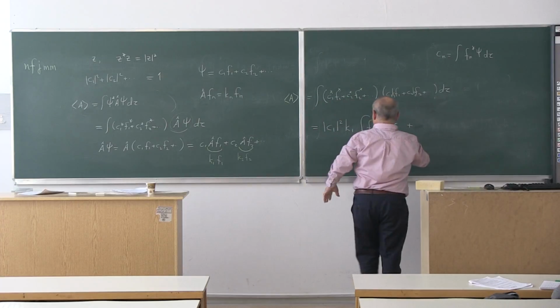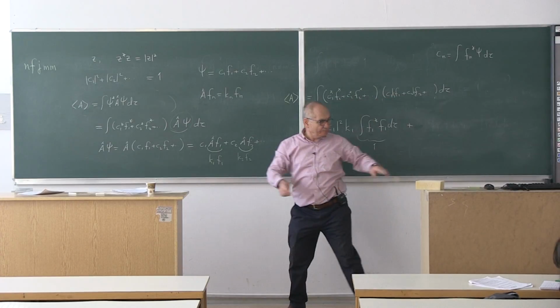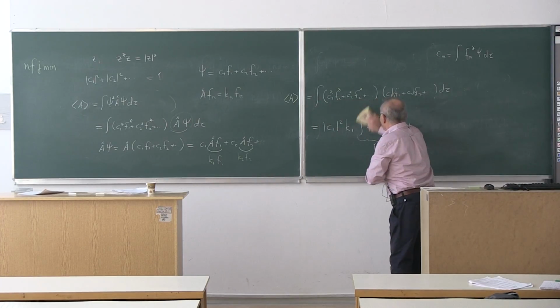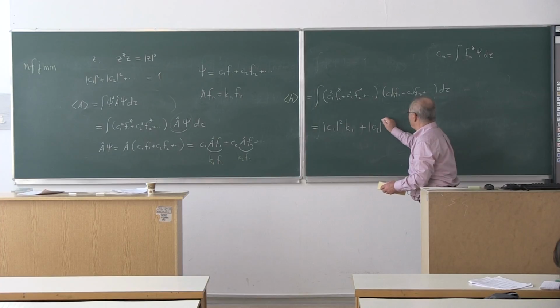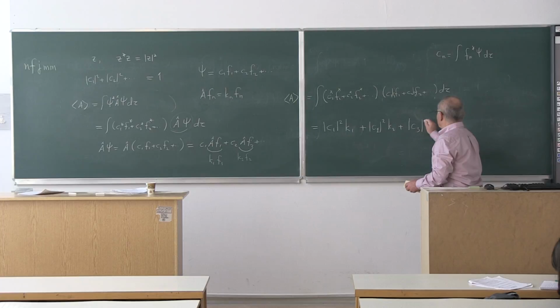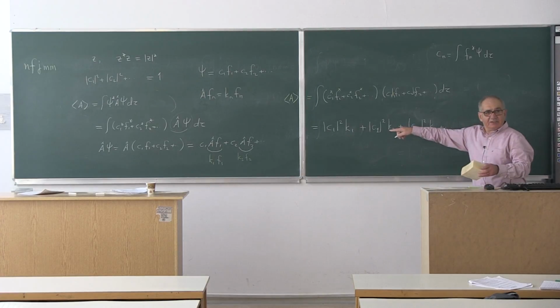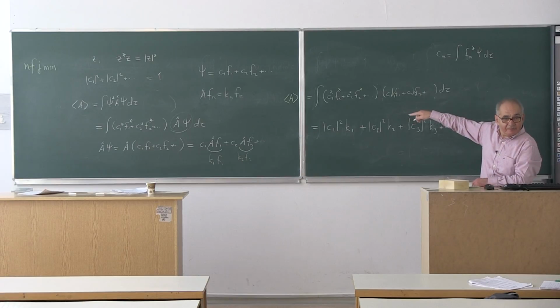So the net result is, because this is 1, plus C2 square times K2 plus C3 square times K3. This is the final result from this calculation.